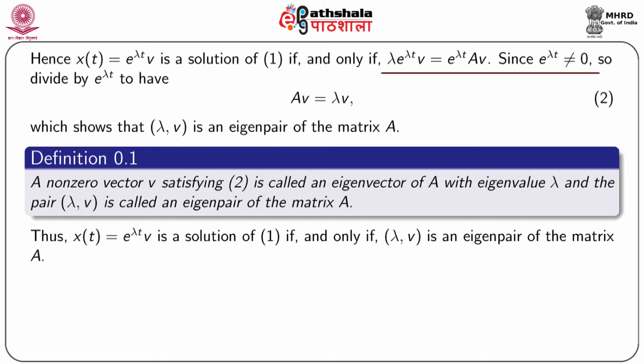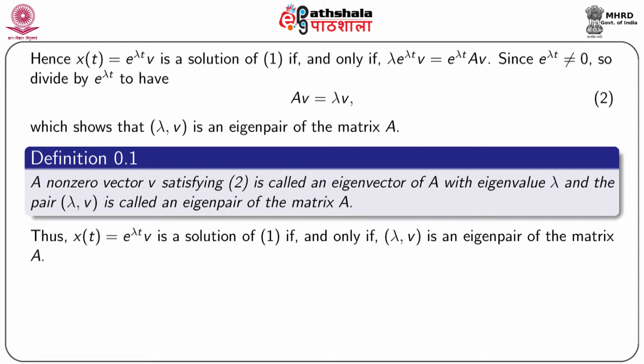Since e^(λt) is not equal to 0 for any λ, we divide both sides by e^(λt), and we will get Av = λv, which shows that (λ, v) is an eigenpair of the matrix A, where λ is called the eigenvalue of the matrix A and v is the corresponding eigenvector.